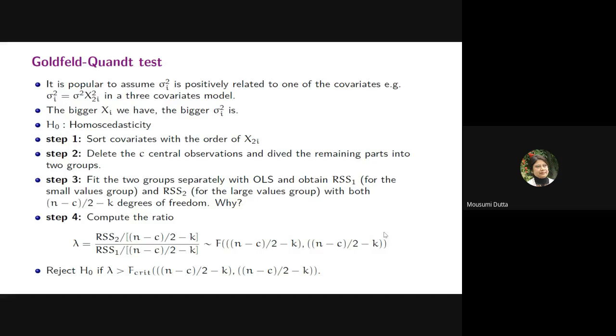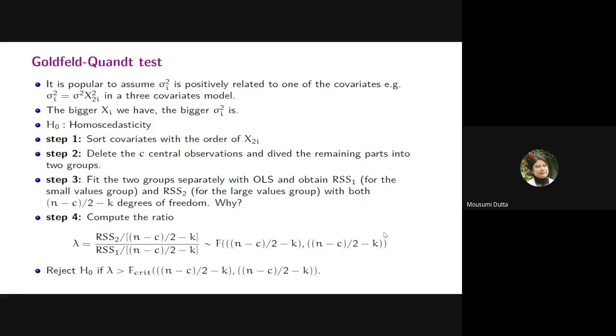Then we will delete C number of central observations. Starting from the beginning, we will have very small values of x2i. Then for 10, 15 observations there will be no values, and then the higher values will start. So there will be a gap between the smallest numbers we are considering in the first part and the larger numbers we are considering in the second part, because we are deleting C central observations.